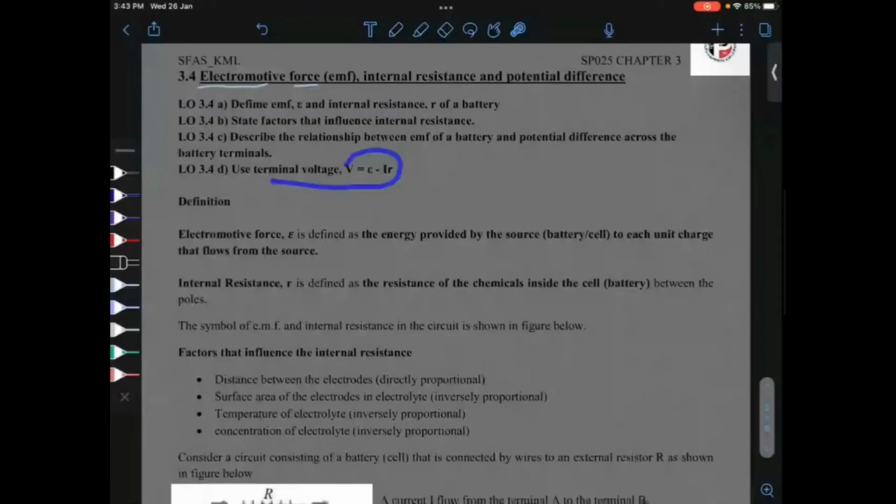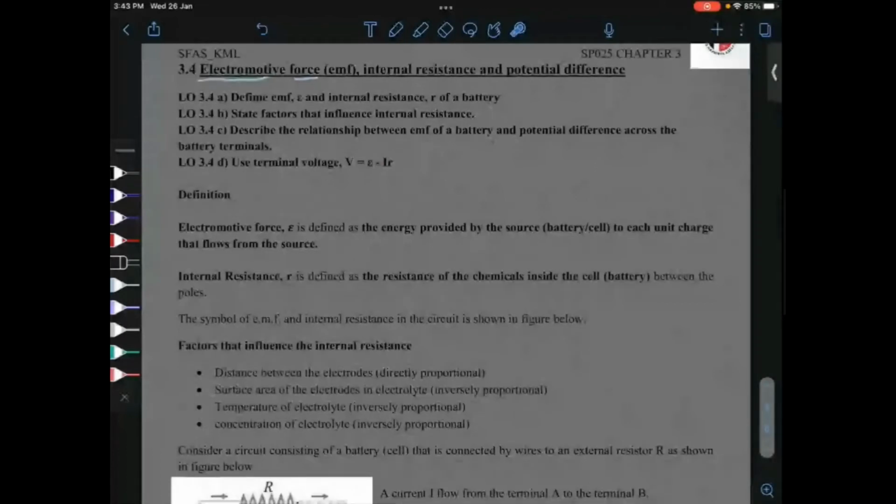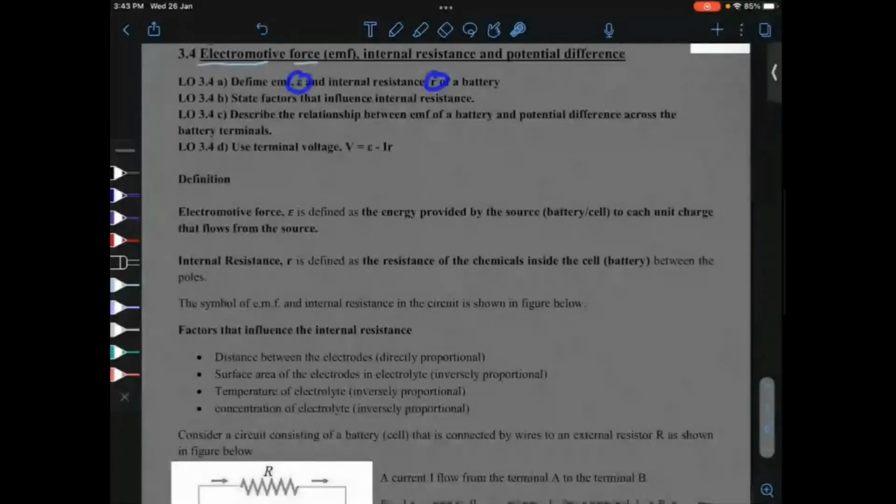Equation V is equals to EMF minus IR. Okay, first thing adalah we are going to look at the definition of EMF and also internal resistance. So, electromotive force, EMF, is defined as the energy provided by the source. Source dekat sini adalah usually the power supply, battery ataupun cell ataupun apa sajalah.